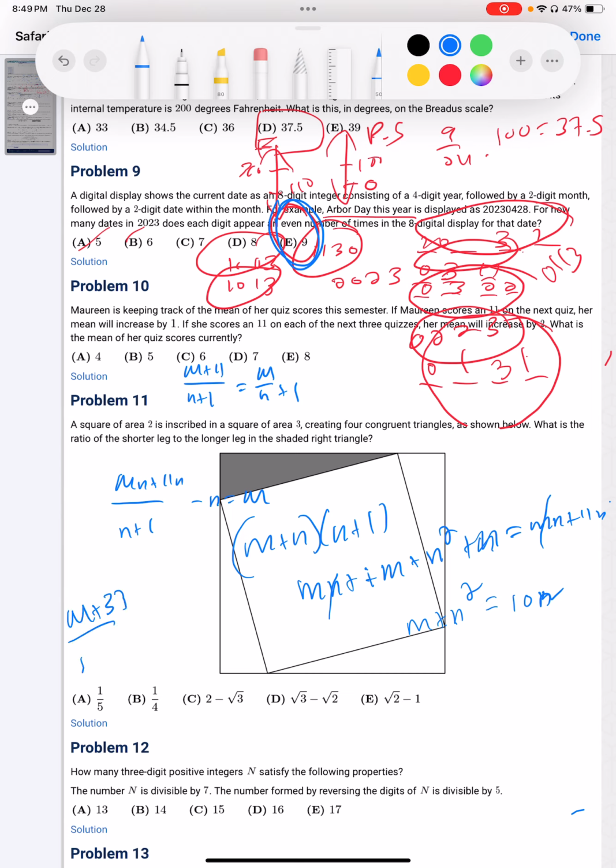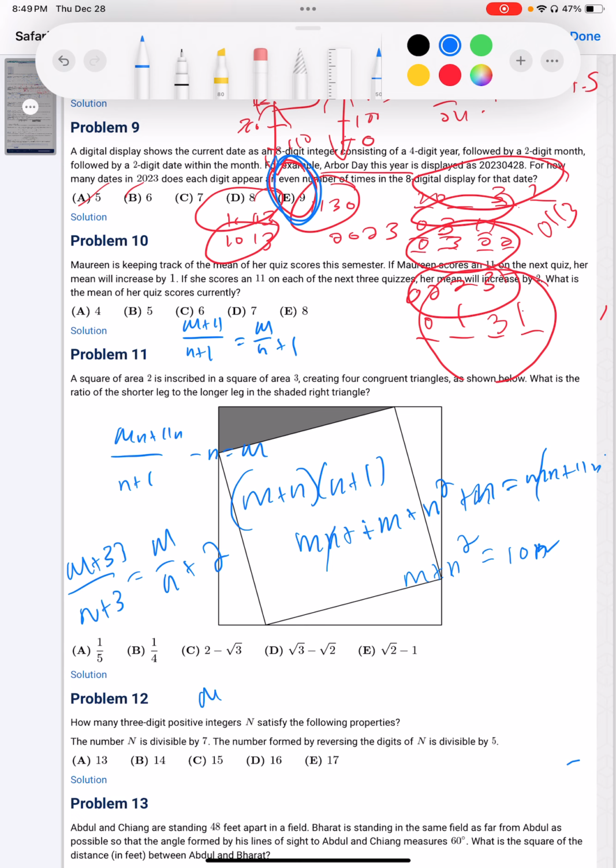Do this guy. This is very, very stupid, but it's okay. So mn over n plus 3 plus m plus 2n, so you have m plus 2n times n plus 3.